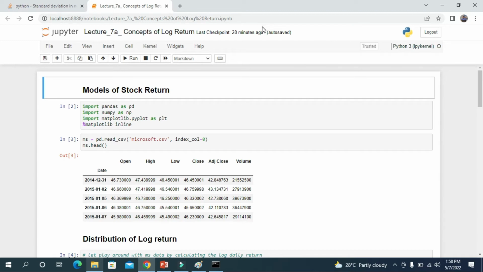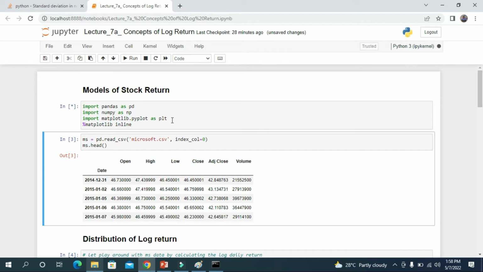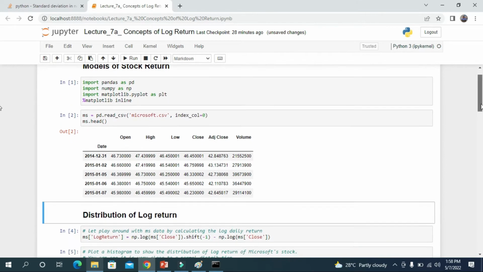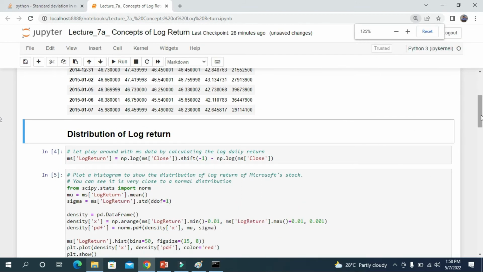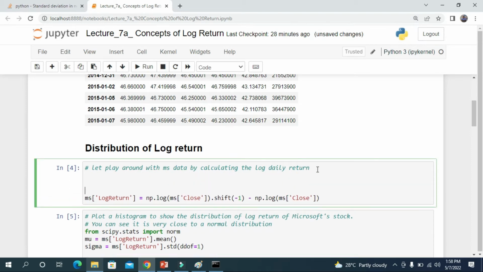So first of all, we are starting to import the libraries and to read our files. All these files are uploaded on GitHub. Now, the most important thing is here. The most important concept is here. Now I am calculating this thing which is log return.